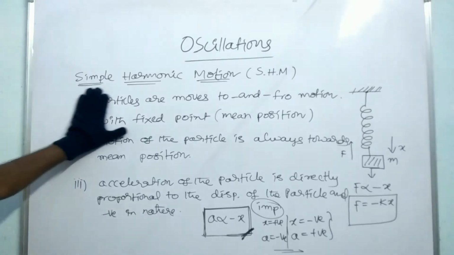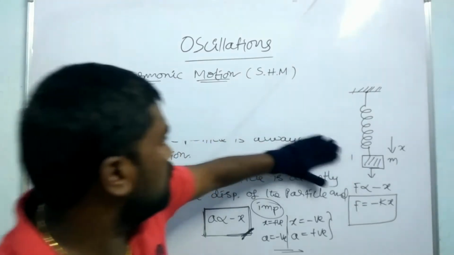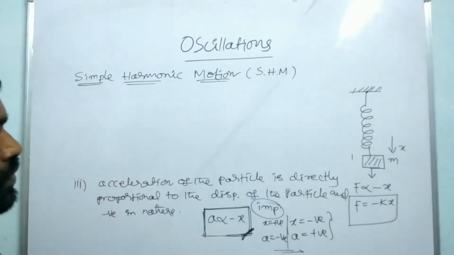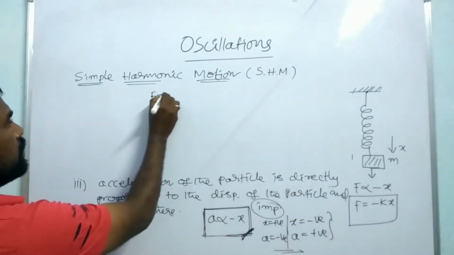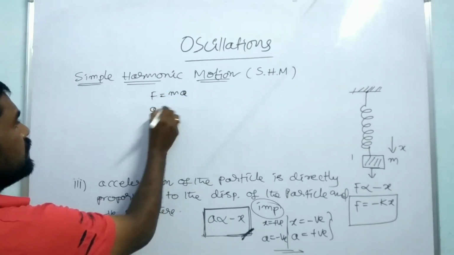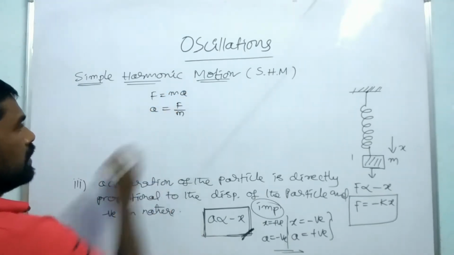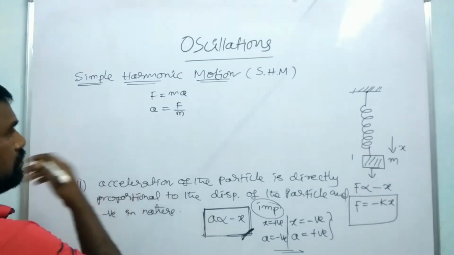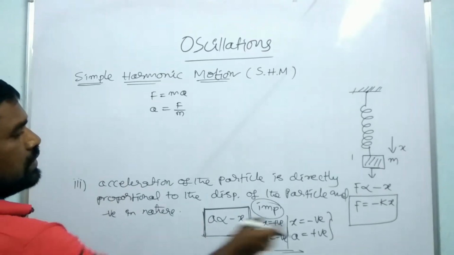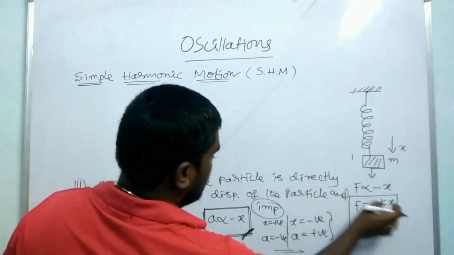Now from Newton's second law, F is equal to ma, where a is equal to F by m. Here F is equal to minus Kx.